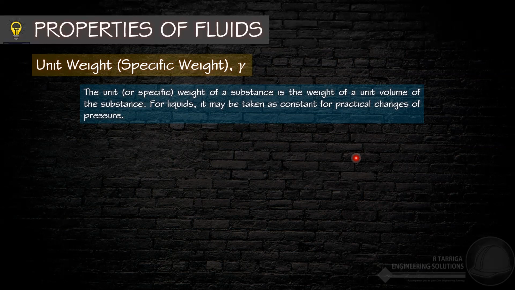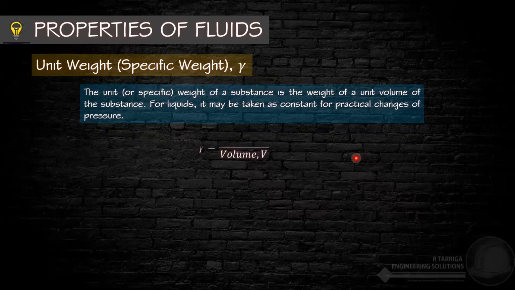So the difference between the density and the unit weight is just the units. Specifically, the unit weight is relative to the weight of the molecule or the part of the matter, while the density is the mass of the particle or matter.